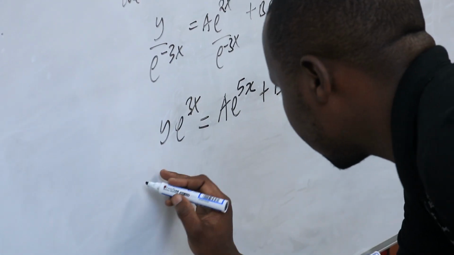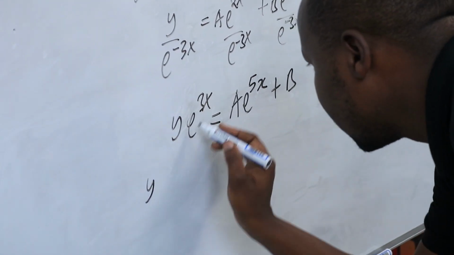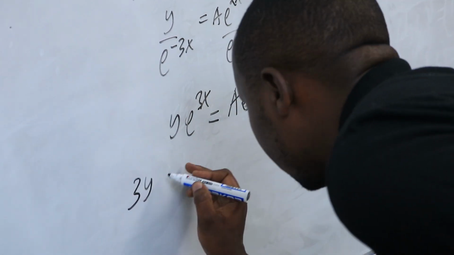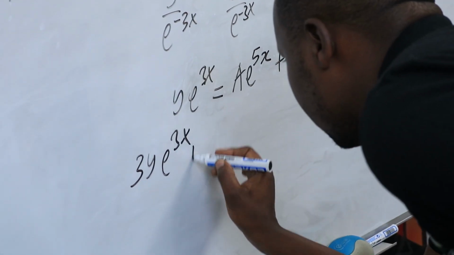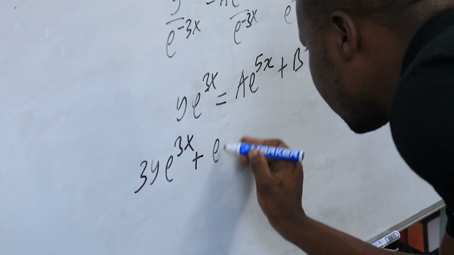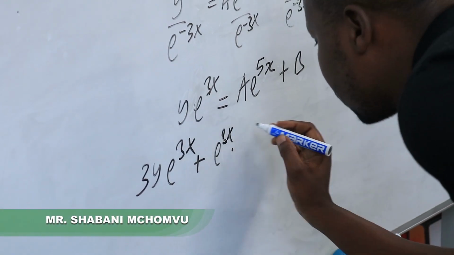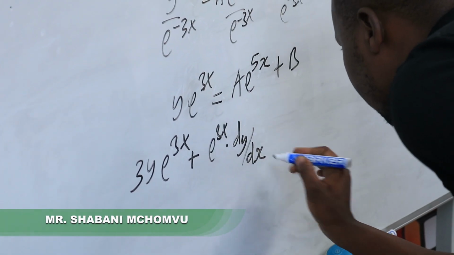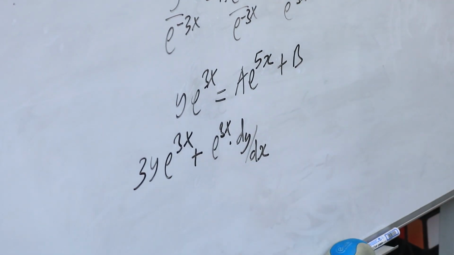Keeping y constant, differentiating e raised to 3x, we get 3 e raised to 3x, plus keeping e raised to 3x constant, now differentiating y, we get 1, but we just leave this differential coefficient, dy/dx.